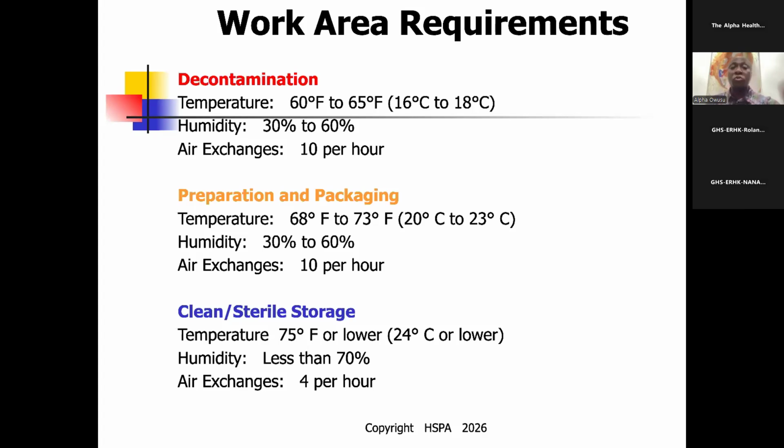And you cannot use a fan. Neither can you use air conditioning. Should you want to meet all these regulations, you have to use a HEPA filter. Exhausting HEPA filter.